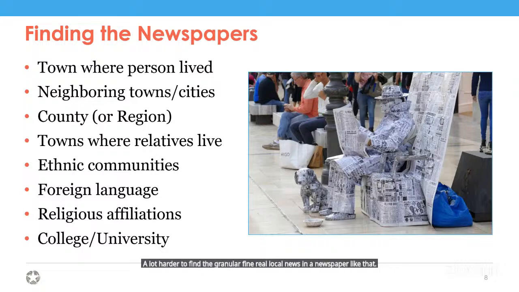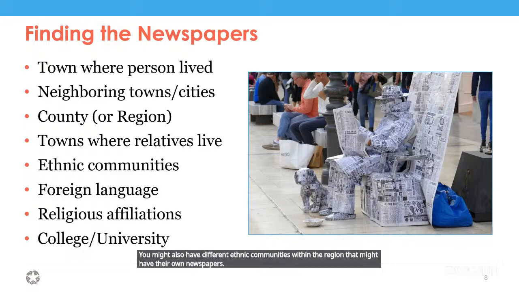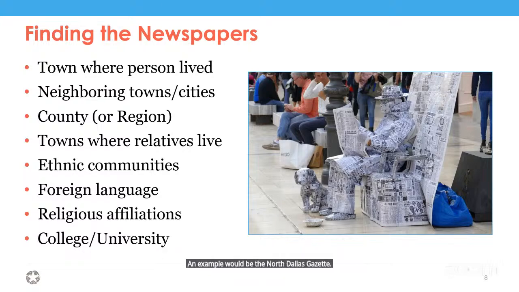You might also have different ethnic communities within the region that might have their own newspapers. An example would be the North Dallas Gazette, an African American newspaper covering North Dallas.